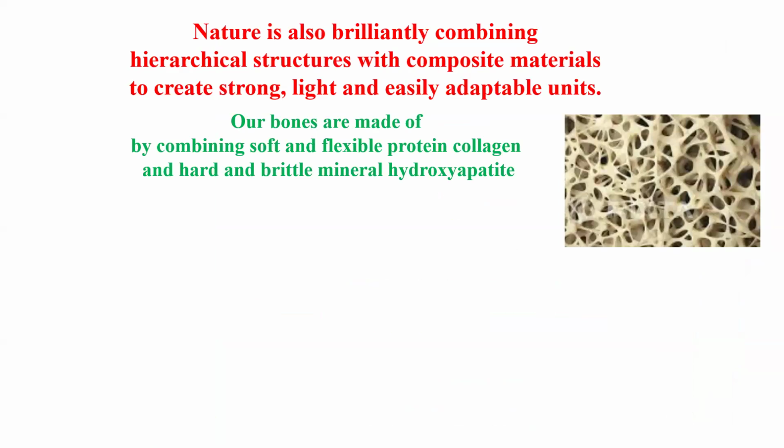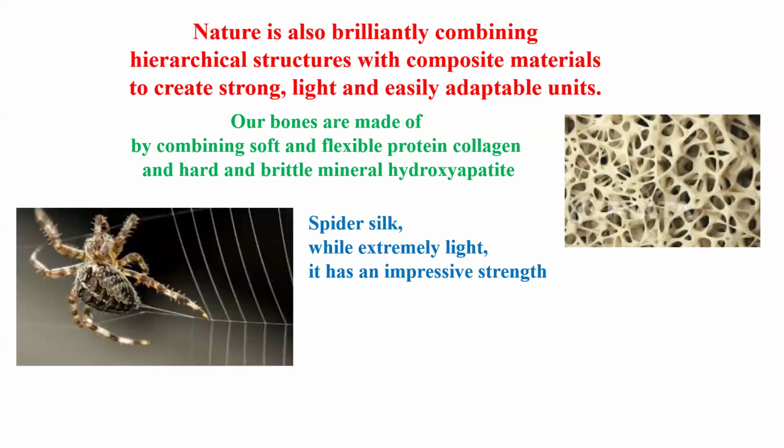They combine both soft and flexible protein collagen and hard and brittle mineral hydroxyapatite. Another example is spider silk, which, while it is extremely light, is also impressively strong. So it can be stretched 5 times its length without breaking.